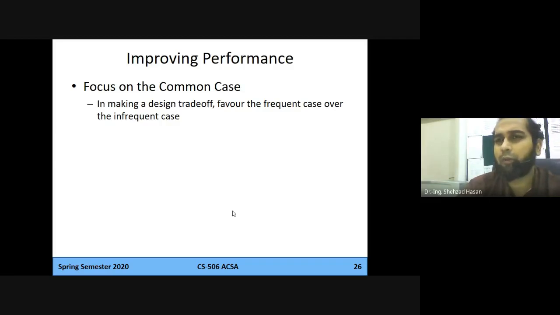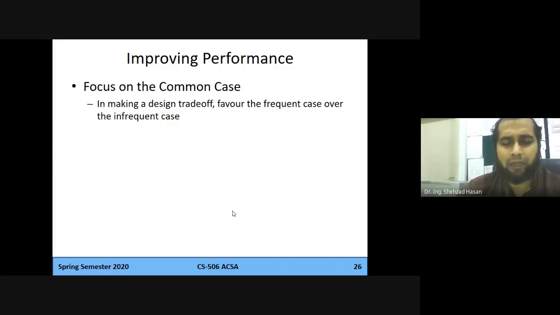So what do I mean by that? For example, if you have a choice to improve the performance of, say, the instruction decoder, or improve the performance of a multiplier, which one would be the frequent case? The instruction decoder would be used for each instruction. So every instruction has to be decoded, right? While a multiplier is only used by a multiplication instruction.